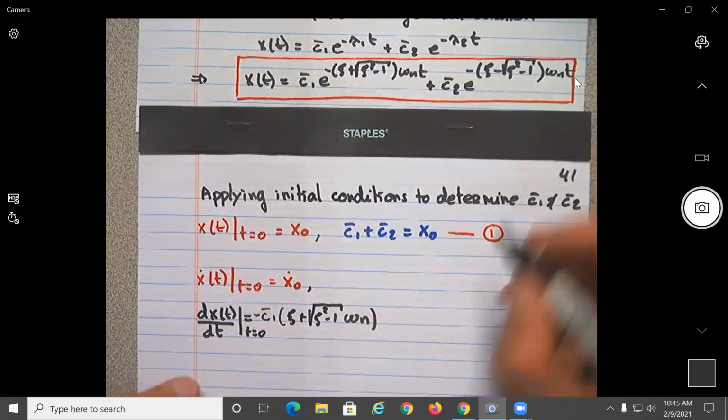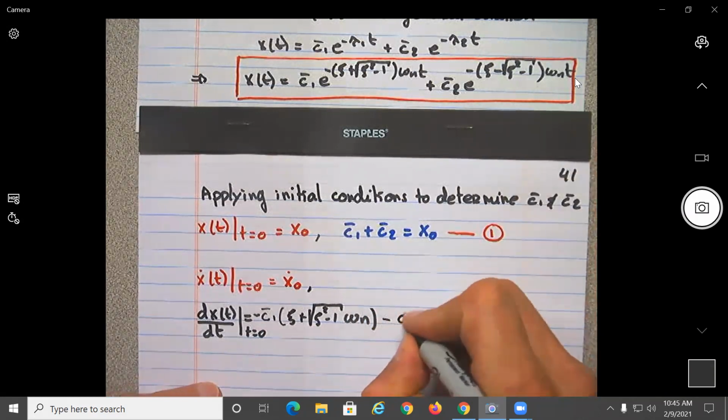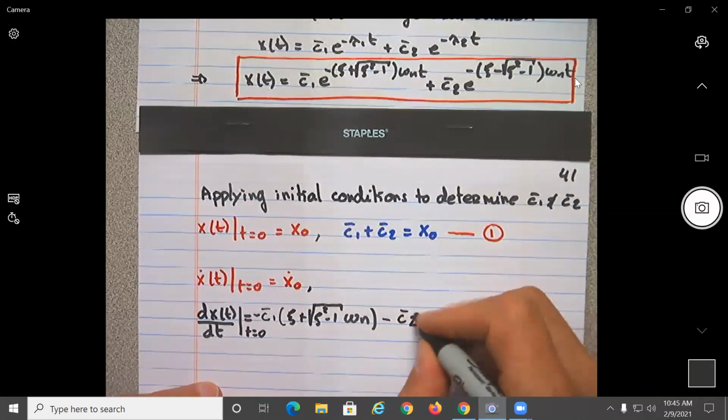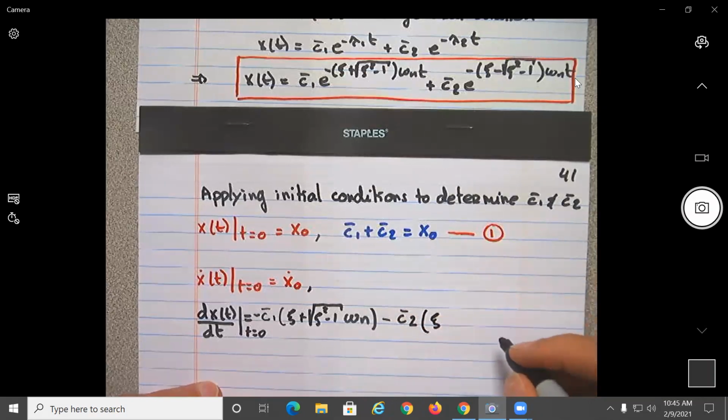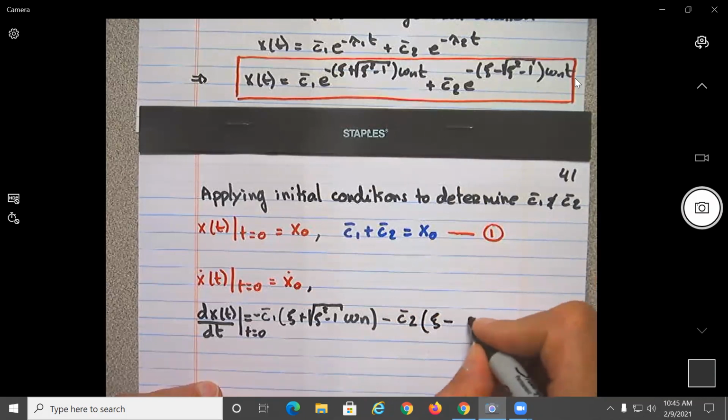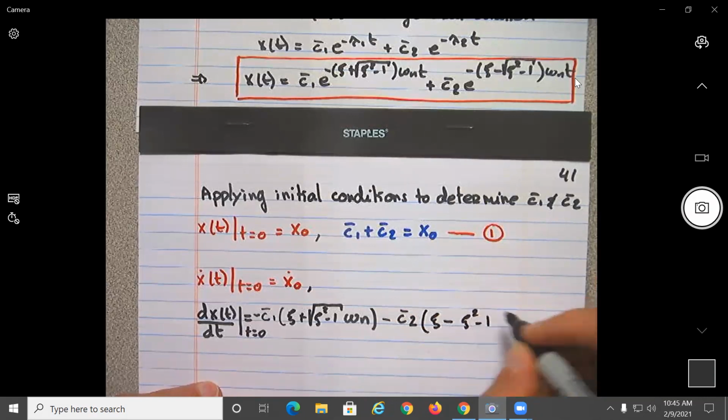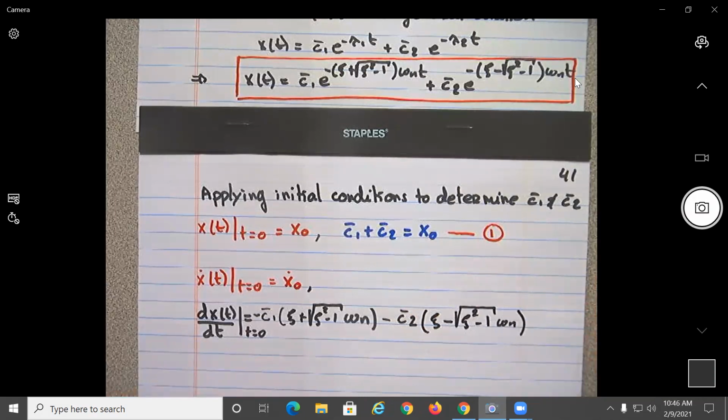And the second one will be basically the same thing, minus C bar 2, but this time it will be zeta minus the square root of zeta squared minus 1, omega n.